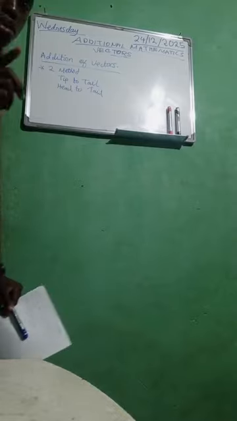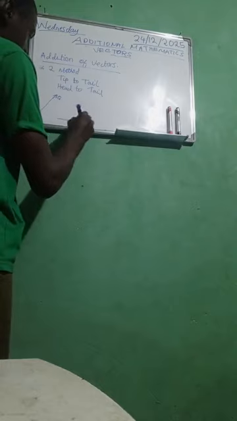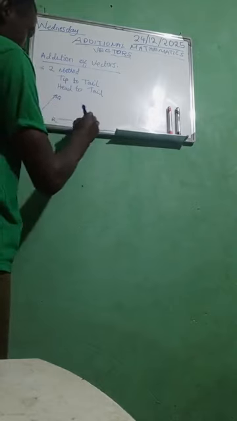So we are going to elaborate using the same examples. We have the vector RQ and RZ. Now we are asked to add these two vectors. We'll put them in such a way that they are tip to tail.